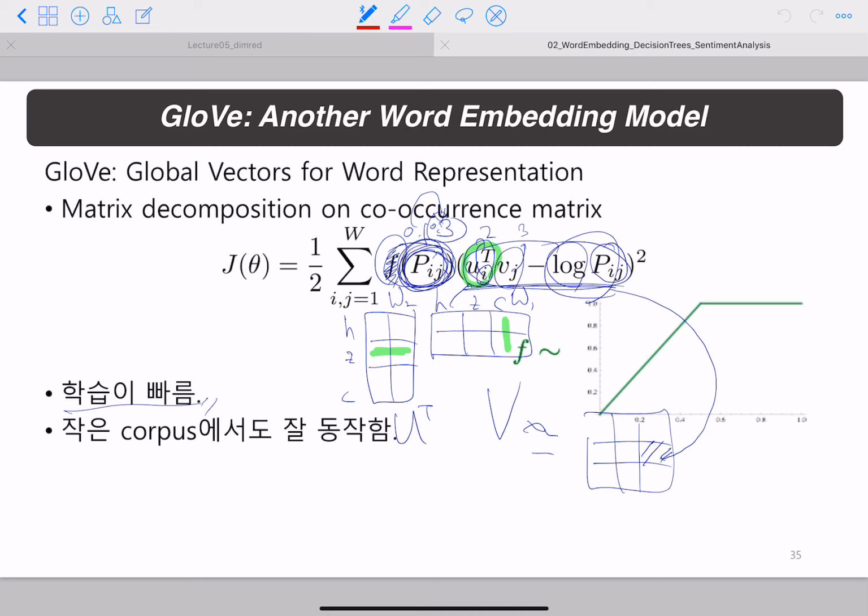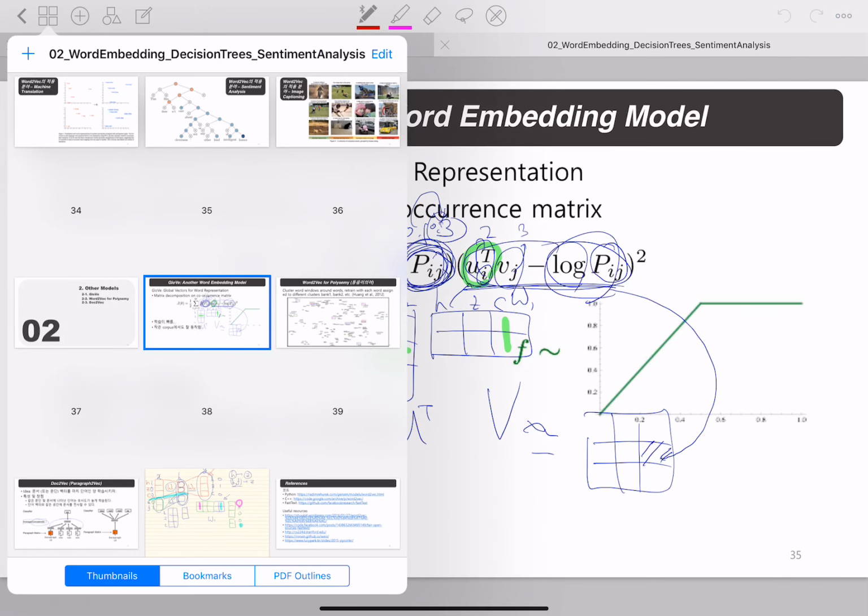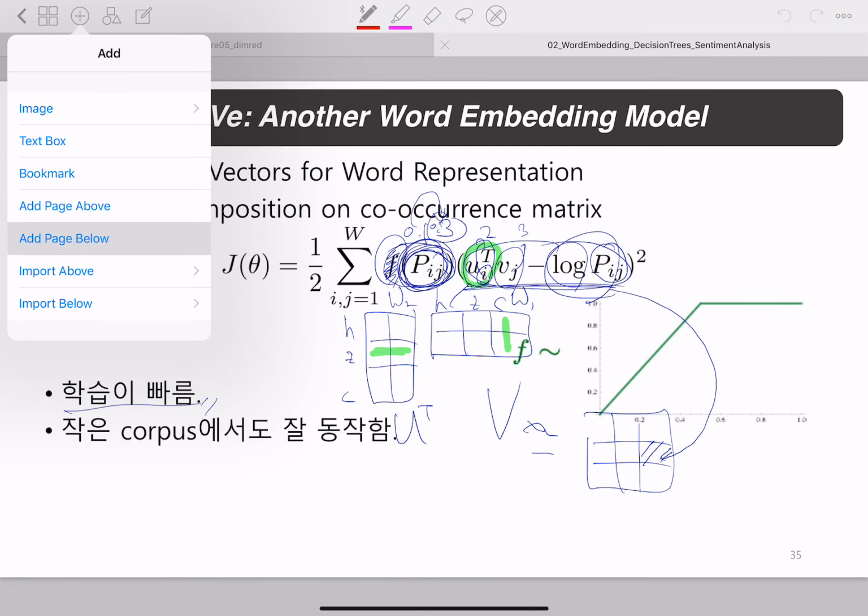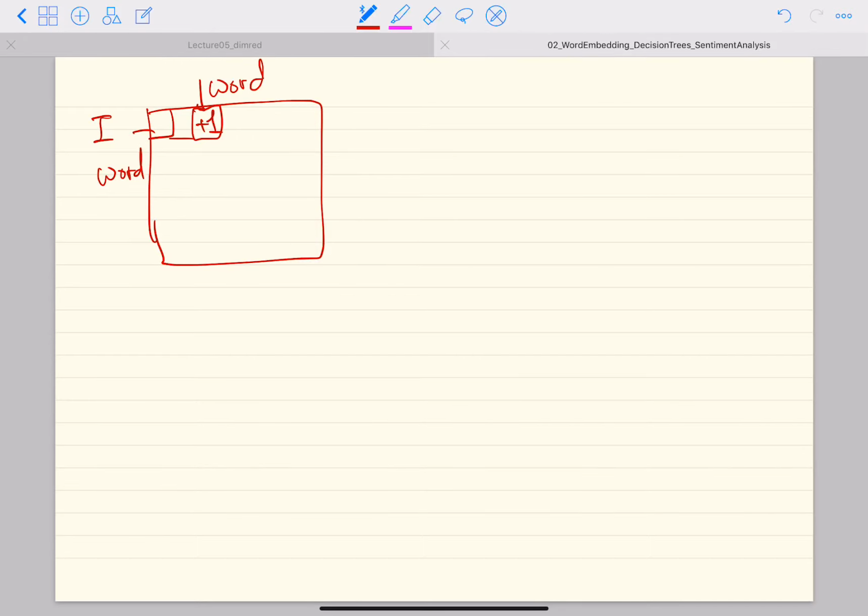So in the case of GloVe, which is another popular word embedding method, the input is basically a co-occurrence matrix. We can think of this word by word, and if two words co-occur in the same sentence, we add their count in the corresponding position. So the first word is I, and maybe the third word is study.